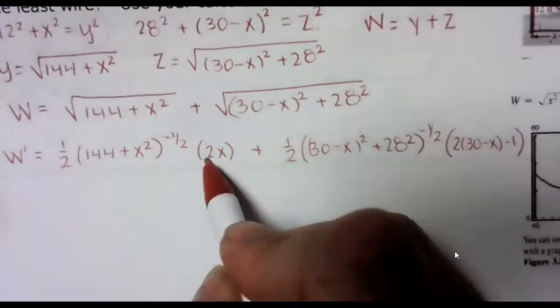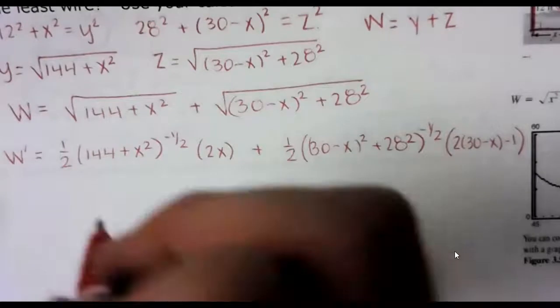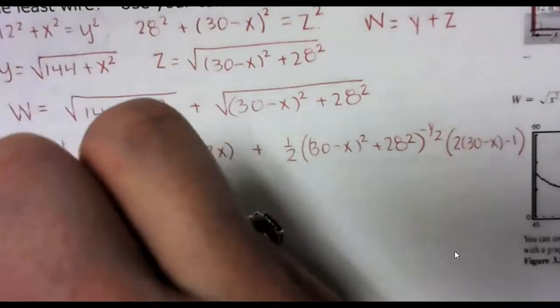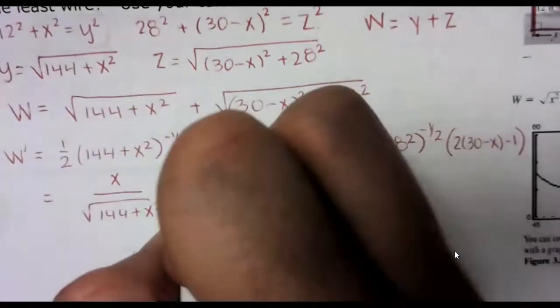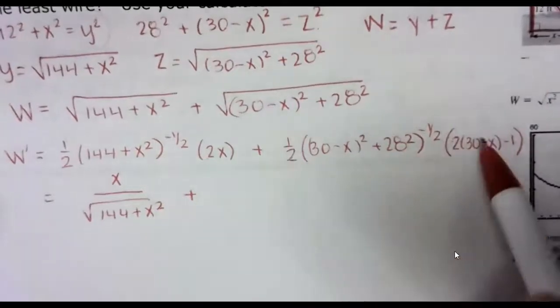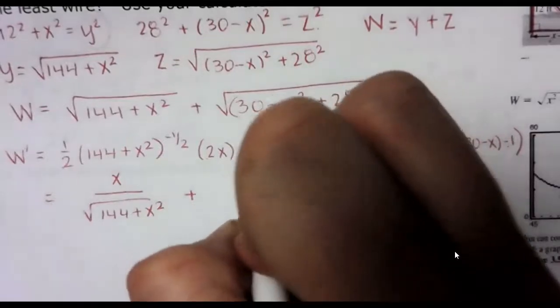So your 1/2 and 2's cancel, your x remains up top, the rest drops down. One half and 2 cancel, negative distributes in, so you get x minus 30.